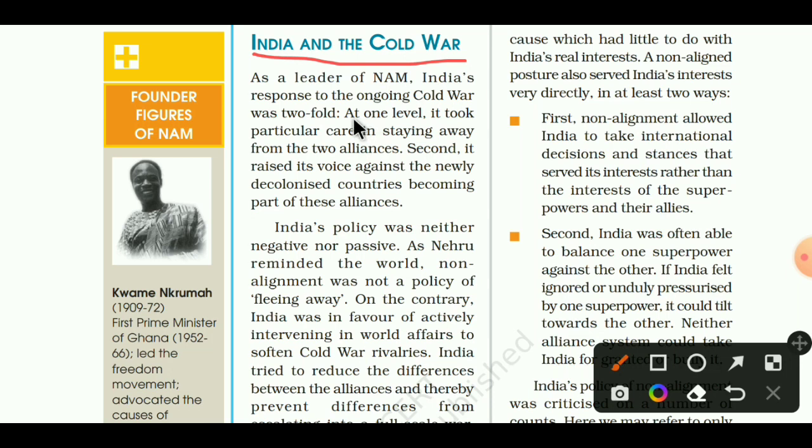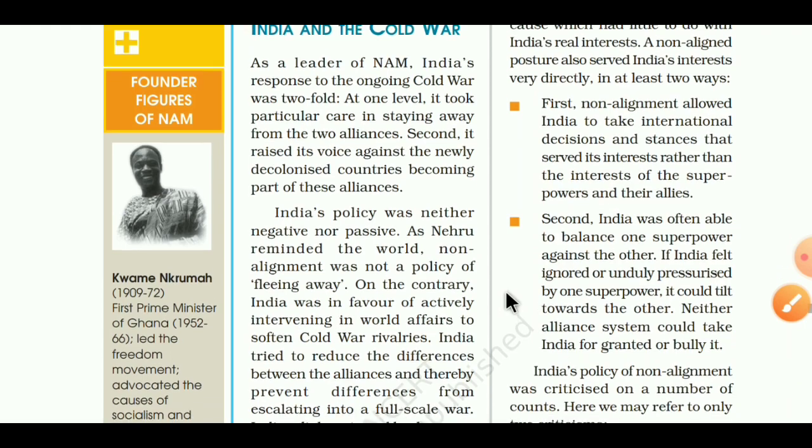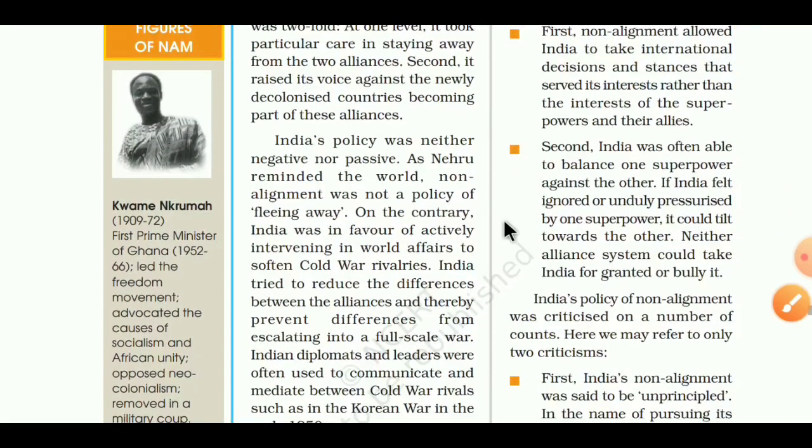At the first level, it took particular care of staying away from the two alliances. India will stay away from the two alliances and will not support any of them. Second, if any decolonized country became a part of the alliances, then India would raise its voice against it. These are the two things, the twofold response in the Cold War.